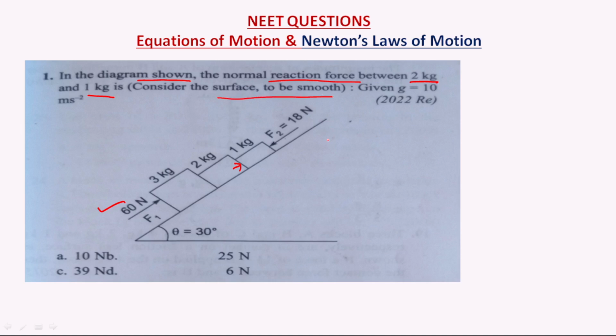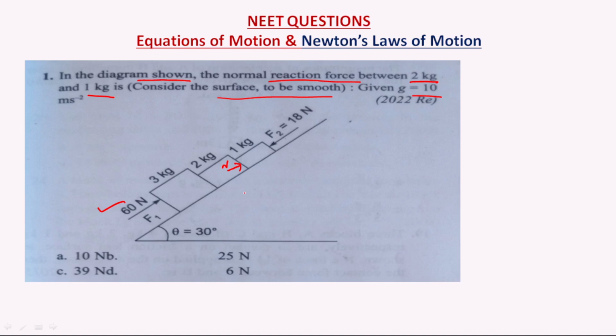It means there is no coefficient of friction, so we need not talk about friction here. Also it is given that g is 10 meter per second square. We have to utilize these values to find the normal reaction force N between 2 kg and 1 kg.